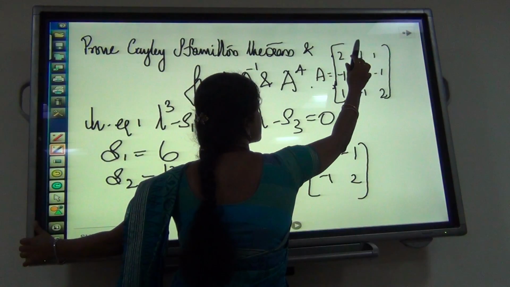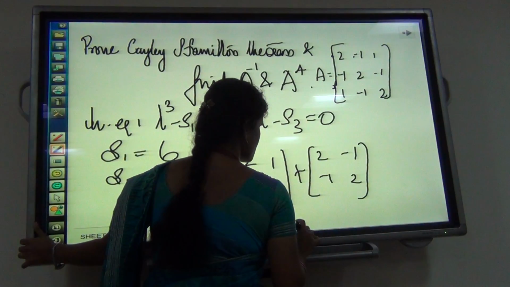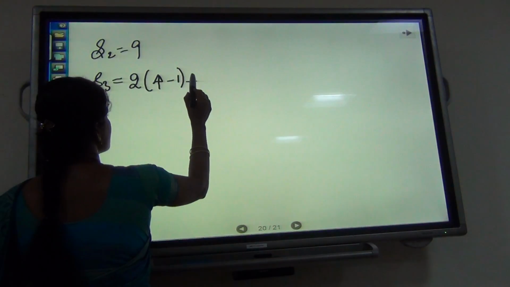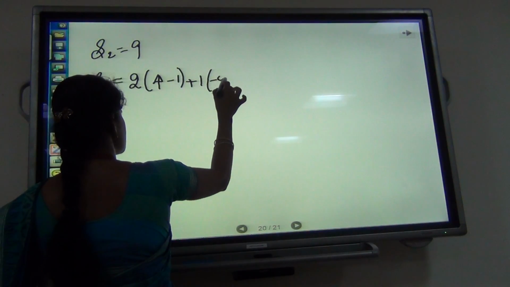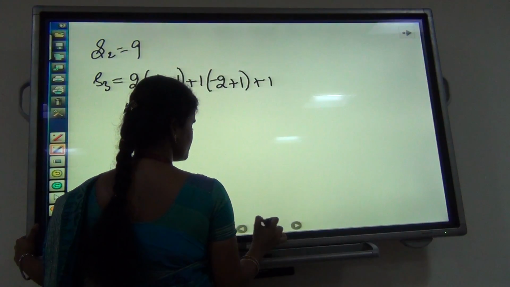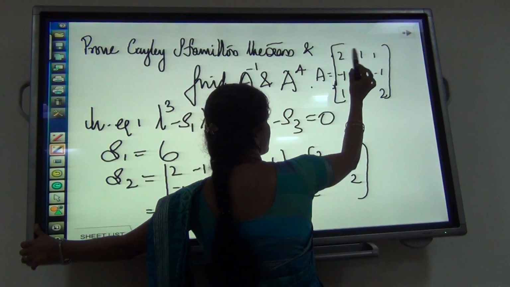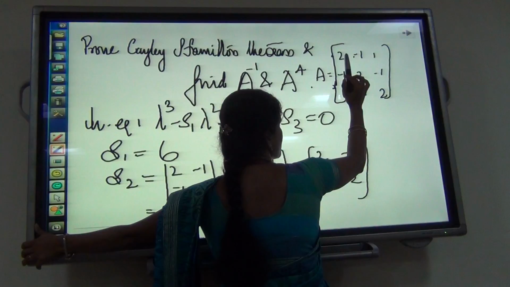As we remove the corresponding row and column, we get minus 2 plus 1, and plus 1 into the determinant of the corresponding row and column.